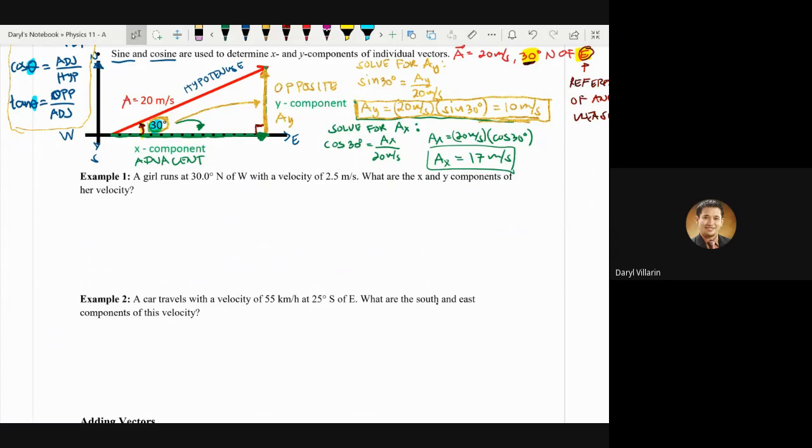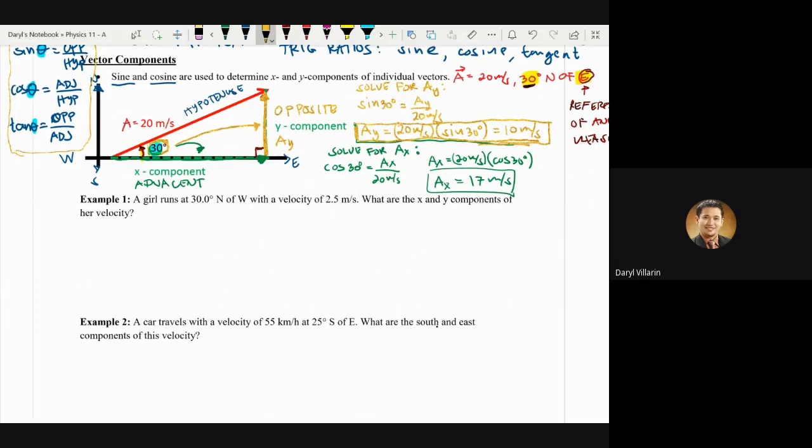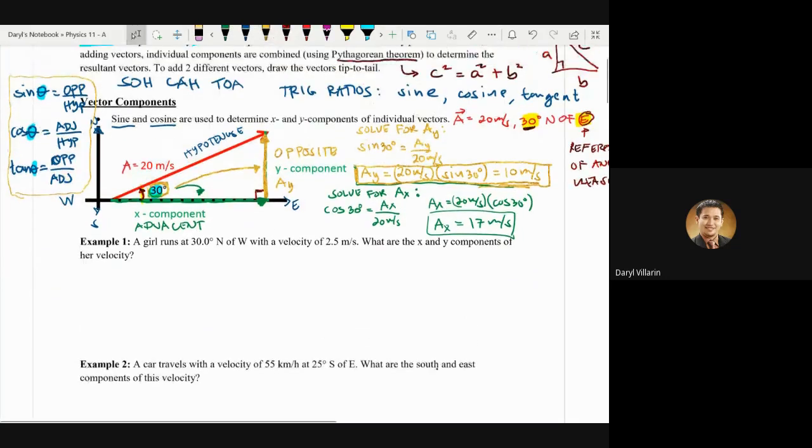So for this type of question, it's always good to start with a diagram, especially if you can see here, it's dependent on the location of your angle when you try to employ the different trig ratios.